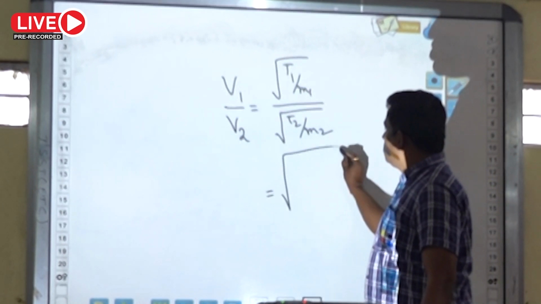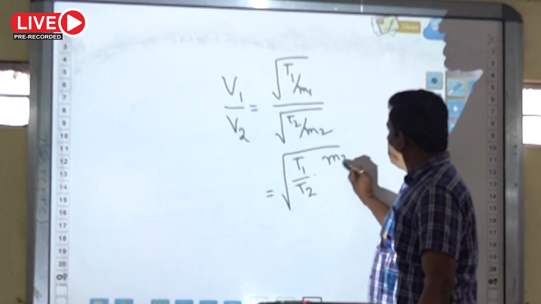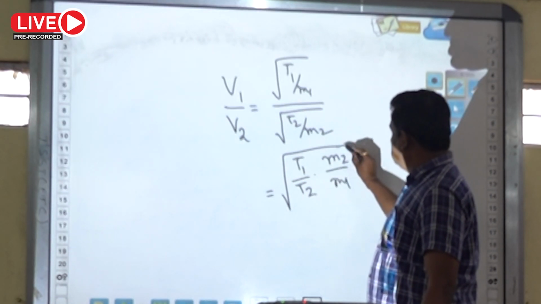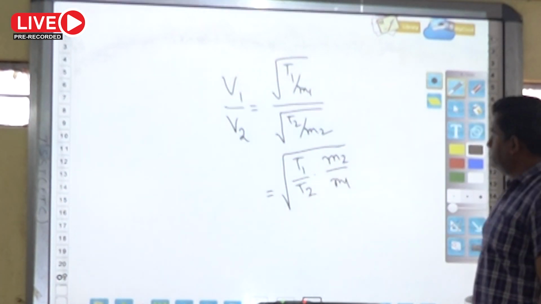That is root over of T1 by T2 into m2 by m1. Here m1 and m2 mean the mass per unit length.